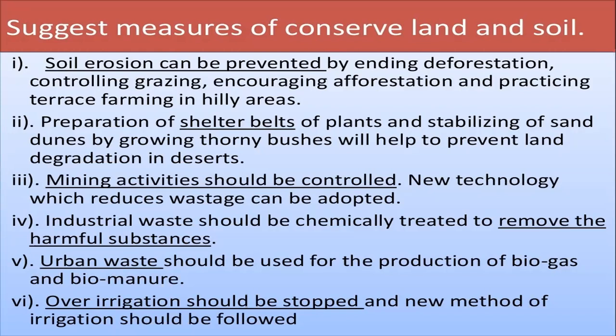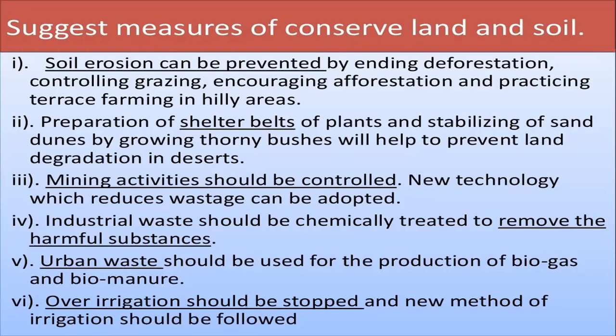Proper management of wasteland, control of mining activities, proper discharge and disposal of industrial effluents and waste after treatment can reduce land and water degradation in industrial and suburban areas.